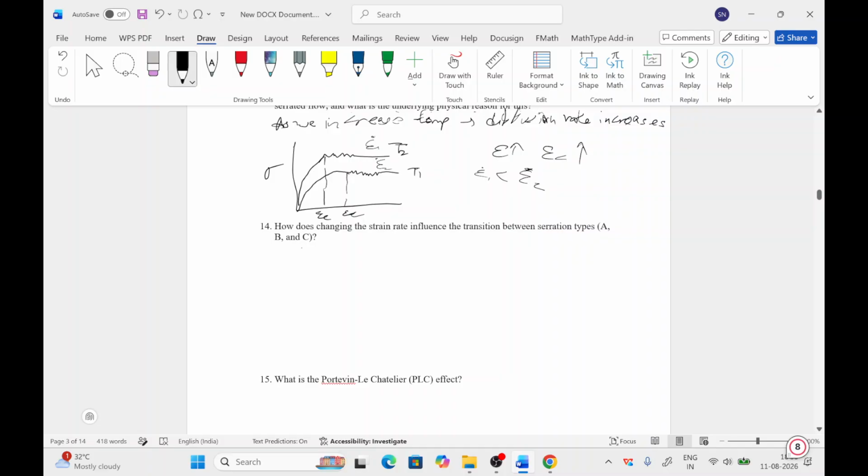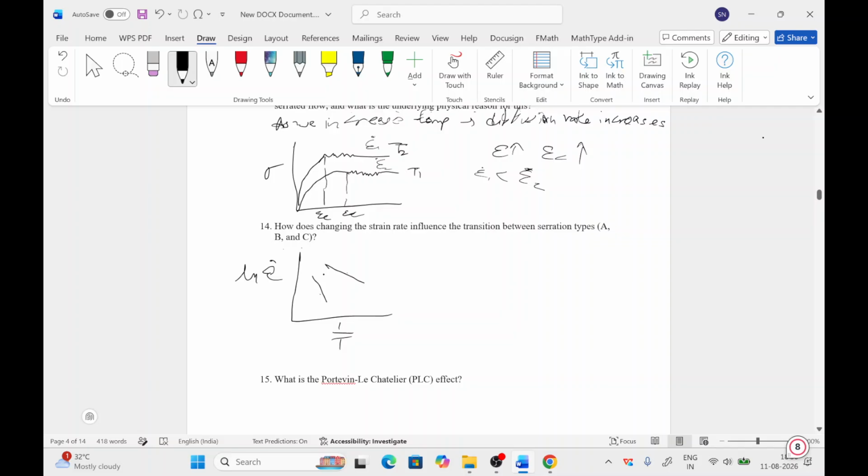So we know that there are three types of serrated flow, and if we need a relationship between the strain rate and temperature, a graph of ln epsilon dot versus 1 by T follows two lines.